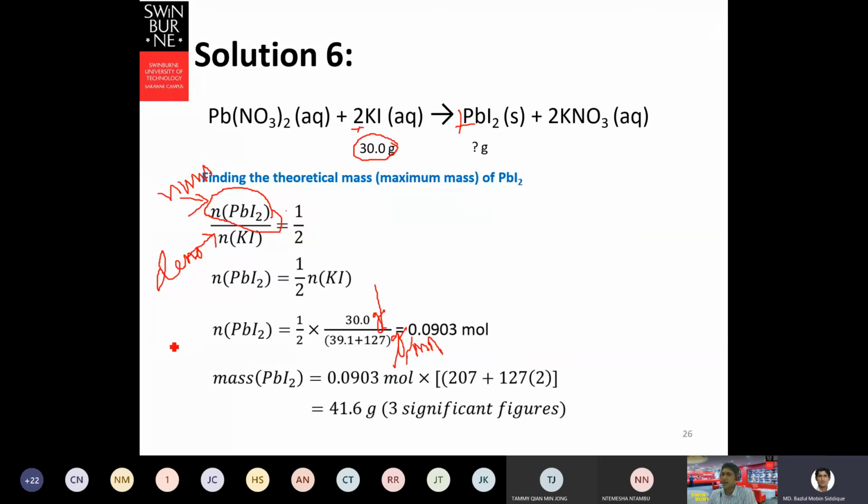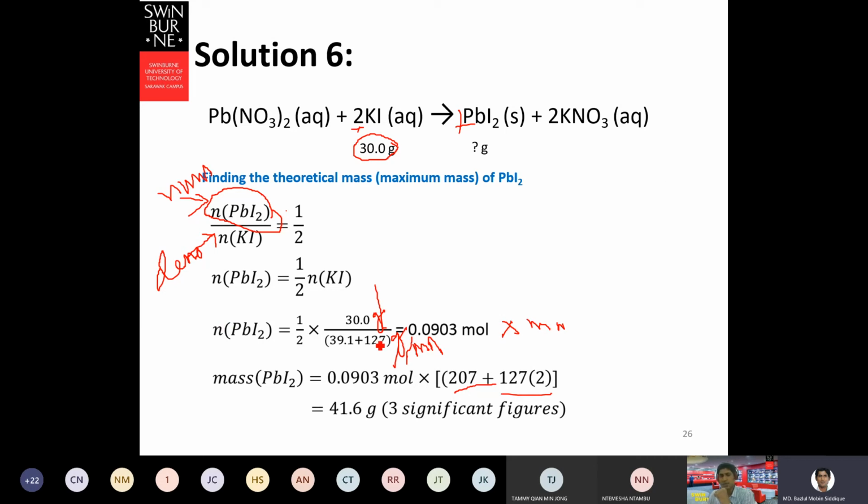Now the mass of lead iodide is easily found. We just multiply the moles by the molecular weight of lead iodide, which is 207 for lead and 127 times 2 for iodine. This is the mass of lead iodide that is being produced.